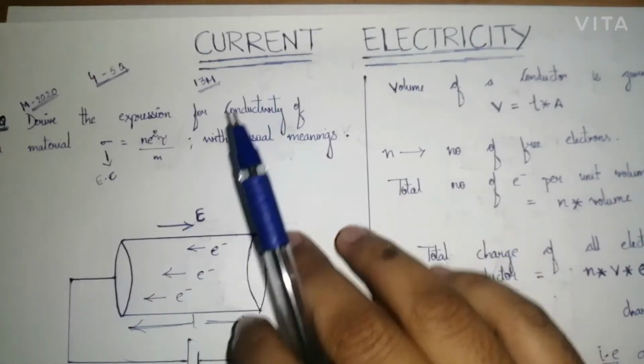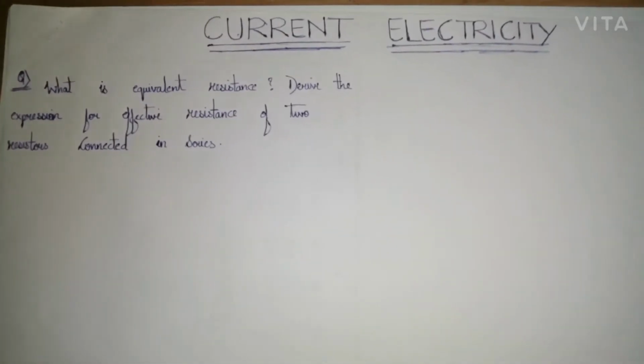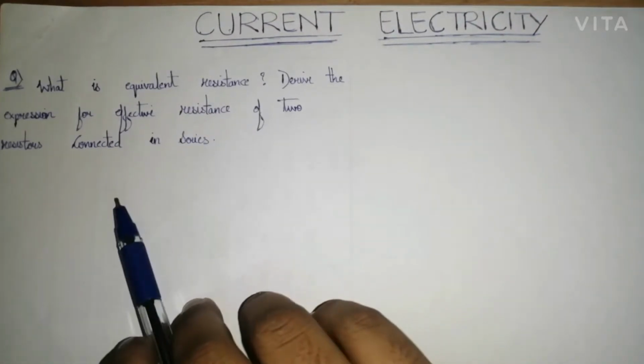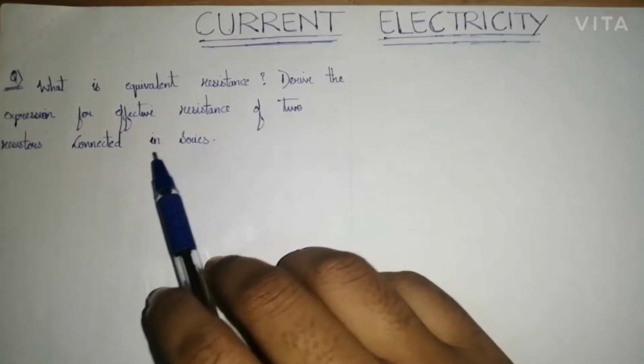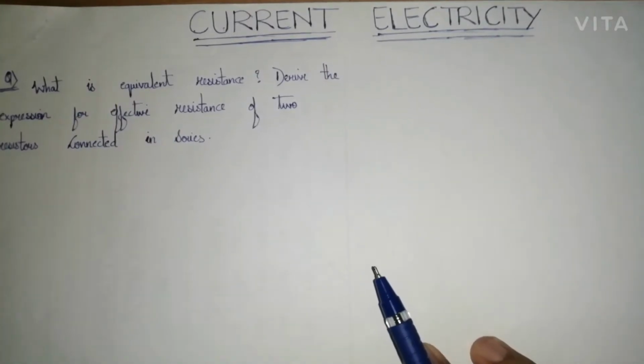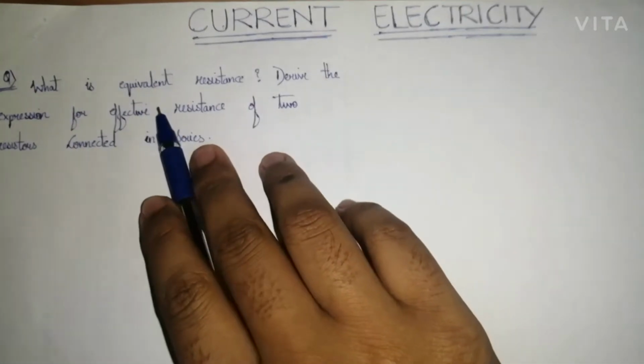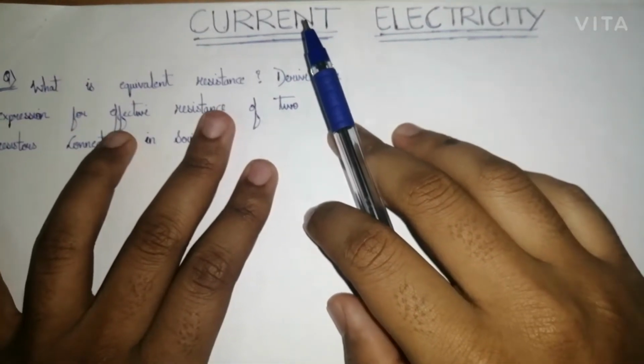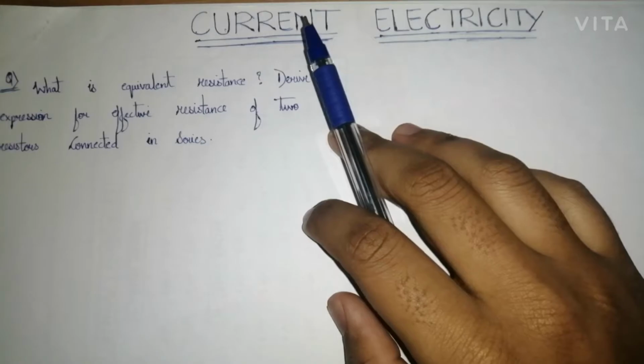So today I've got you guys a new video on equivalent resistance, which is connected in series. This is not asked much in your board exams, but you should know how to derive this.